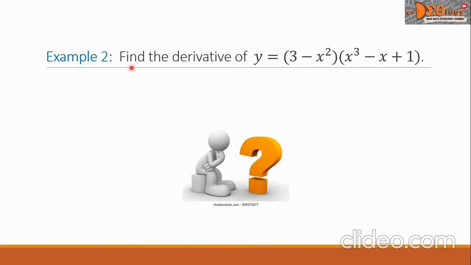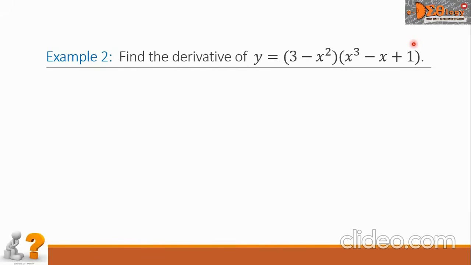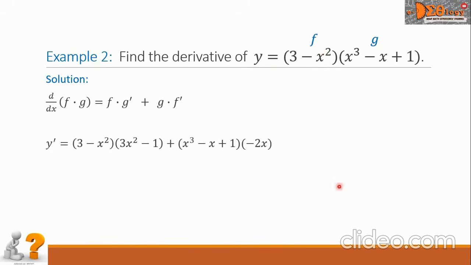Now, for example 2, find the derivative of y equals 3 minus x squared times the quantity x cubed minus x plus 1. For our solution, let us write the formula of the product rule. And let us assign f for the first function and g for the second function. And for our derivative, we write like this.